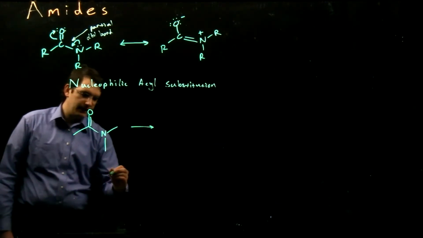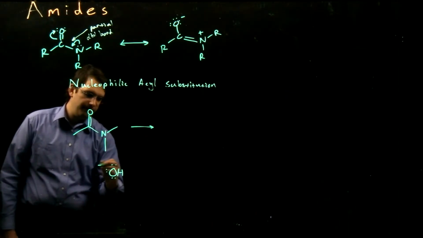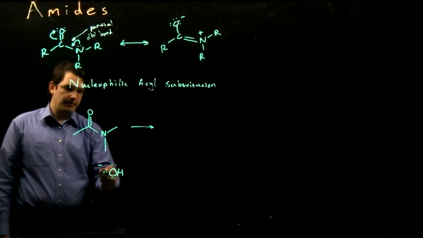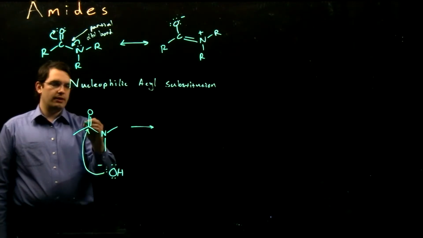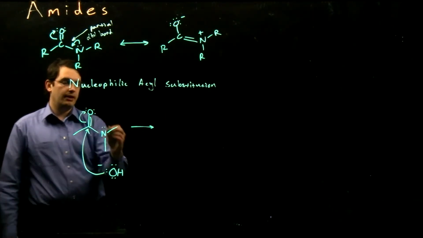Let's say we have basic conditions here. So we're bringing in a strong base. So this could be sodium hydroxide. We do our usual attack to form our tetrahedral intermediate.